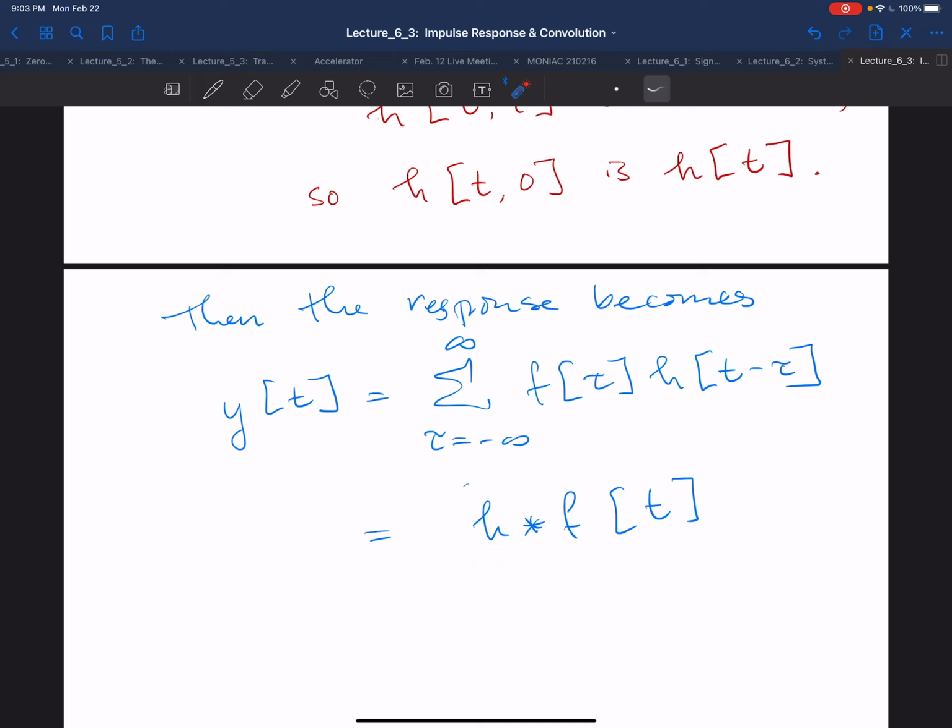And to find the response of the system to any other input signal, you simply have to convolve that input signal with that impulse response.